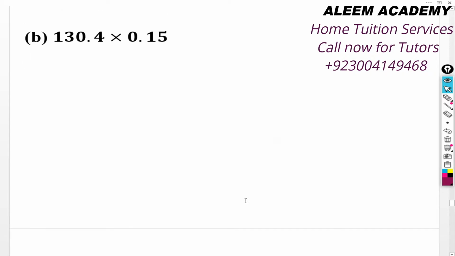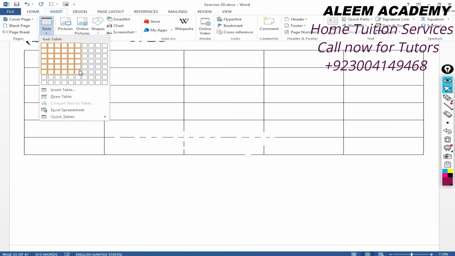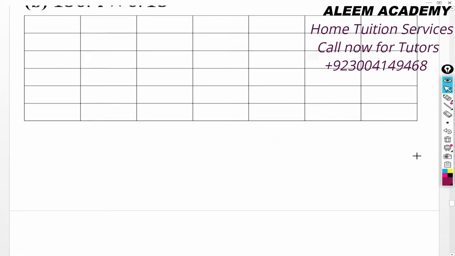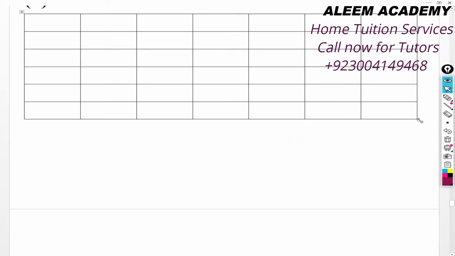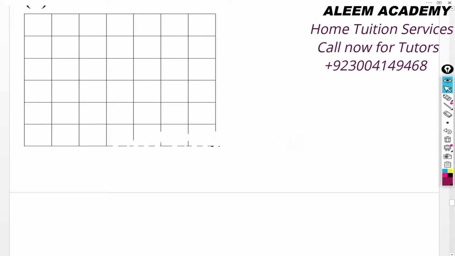What do you have to do? First of all, you have to draw a table. So go to insert and simply draw a small table here. On your notebook you can do it without a table, but we are doing it on the computer, so that's why we need to make a table.